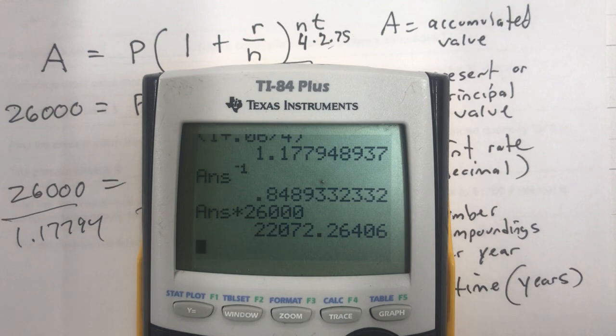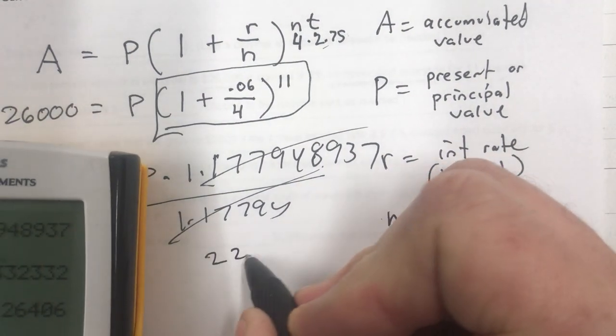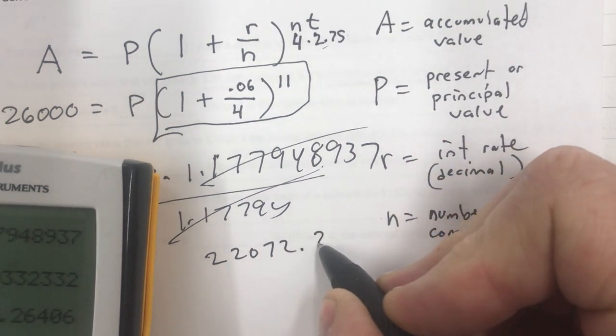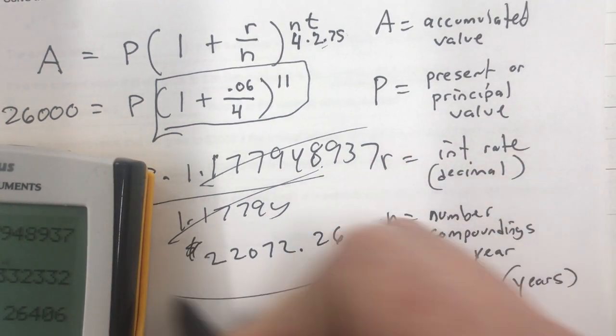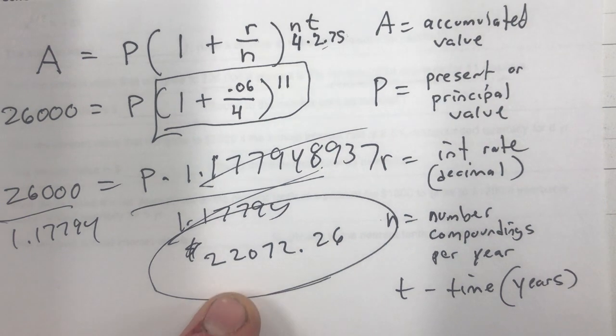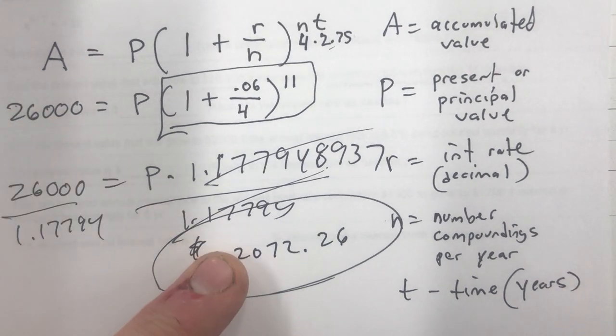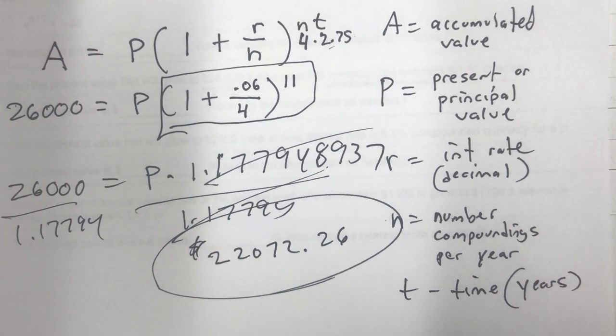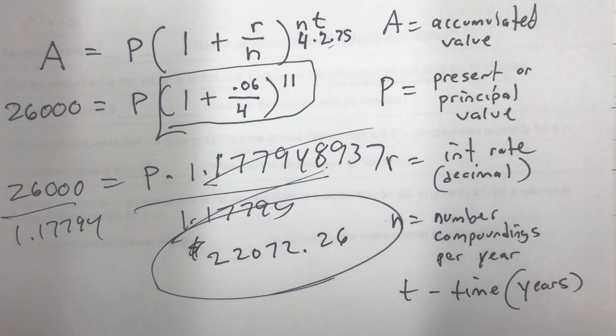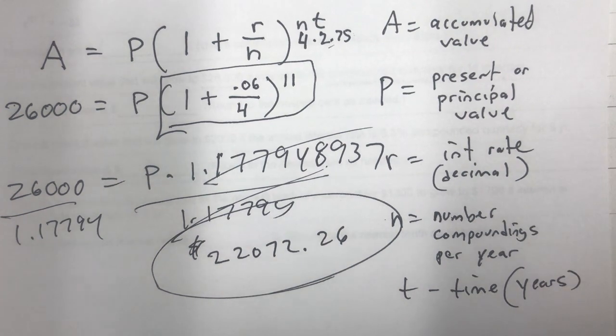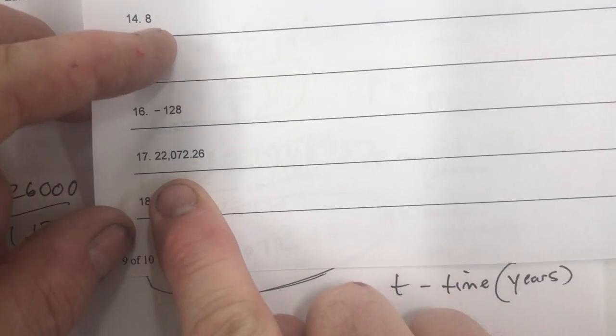And there you go, 22,072.26. And that's what the present value was. This 22,000 grew to 26,000 in just a little over 2.5 years. And let's see here. I got the answer right. There it is.